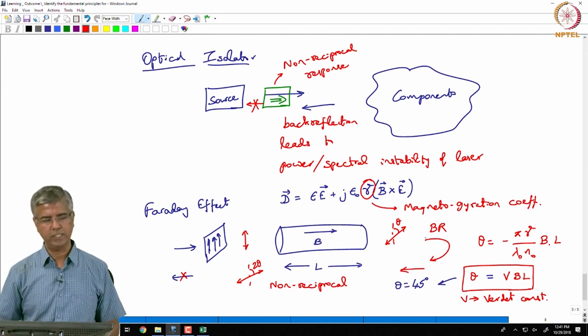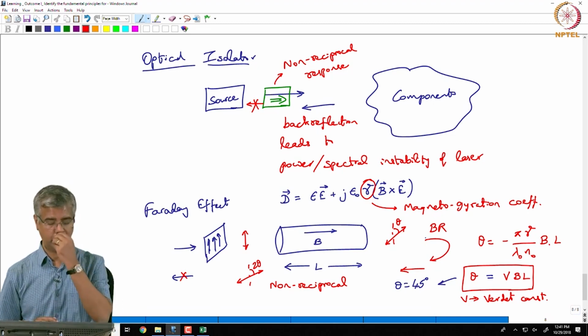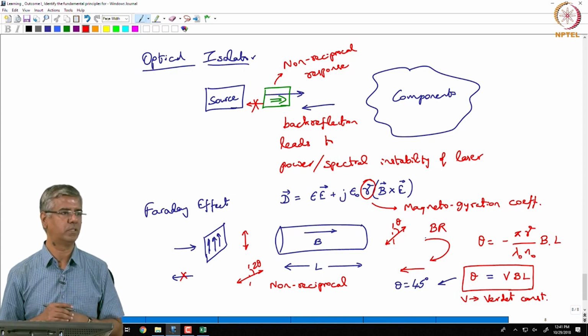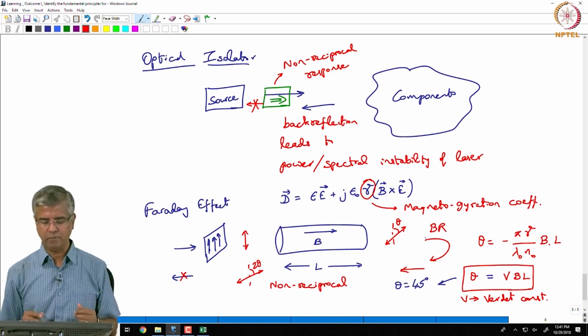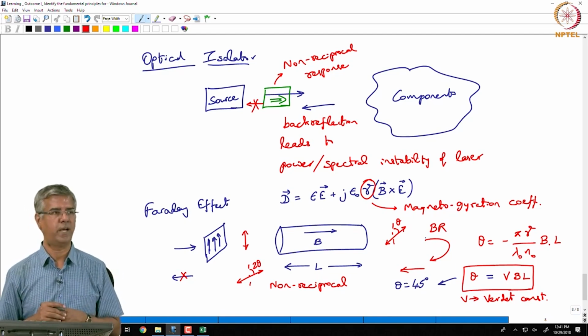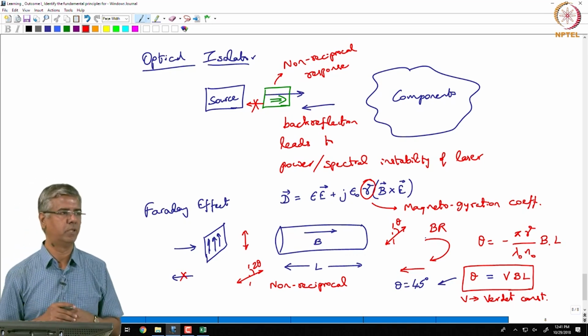But that back reflection while going back would have been rotated such that 2 theta is 90 degrees and then it is going across this polarizer, which would have blocked that orthogonal polarization. So, this entire device now consisting of a polarizer followed by this Faraday material or a material which has this gamma, the magnetogyration, that would have together worked like an isolator.